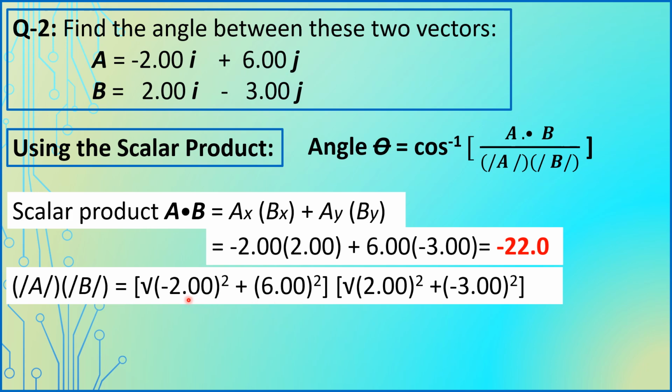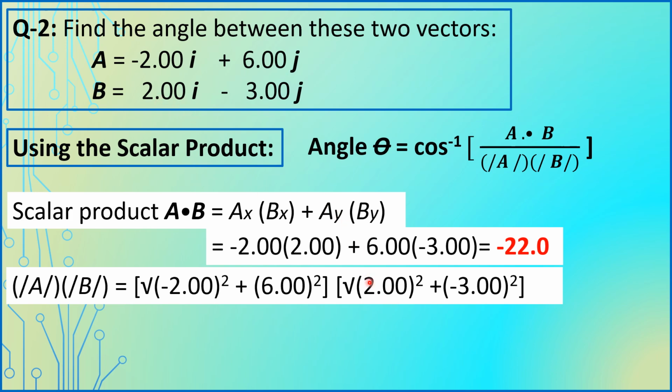That's also true for the magnitude of vector B. The same formula, we also get the square root of the sum of the squares of its x component, which is positive 2.00, and the square of its y component, which is negative 3.00.